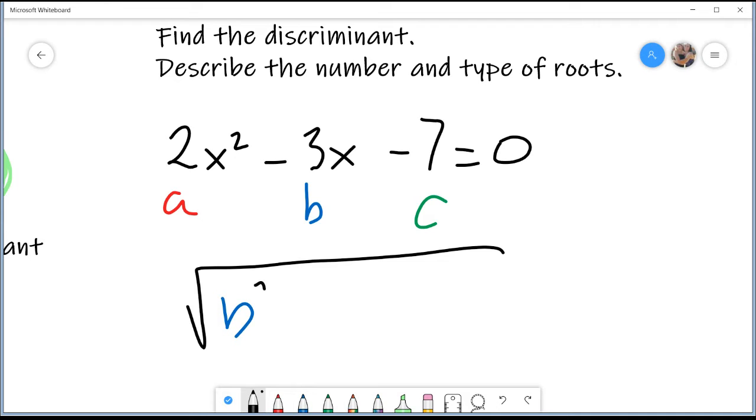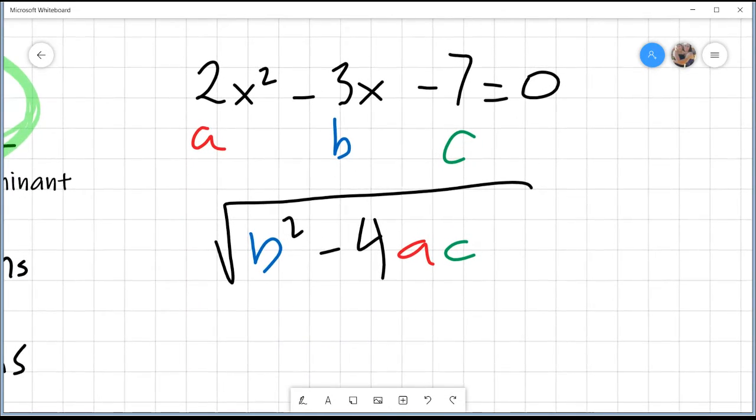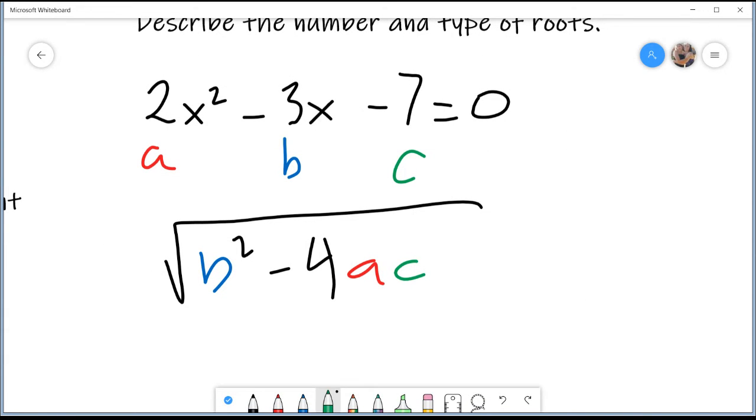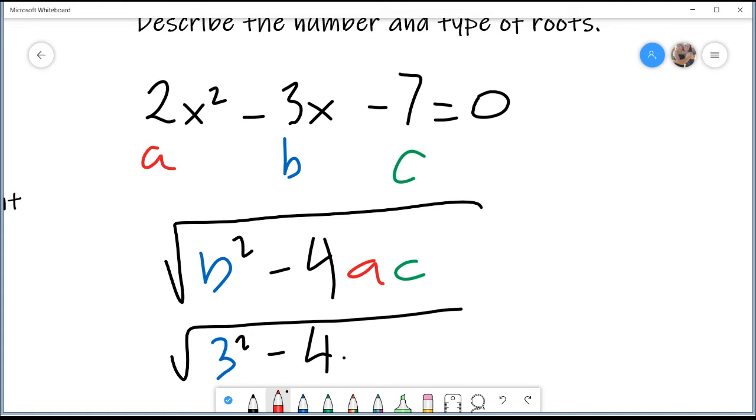So we're going to take our numbers and put them into this formula. We're going to do 3, because that's b, 3 squared, minus 4 times a is 2, times c is 7.